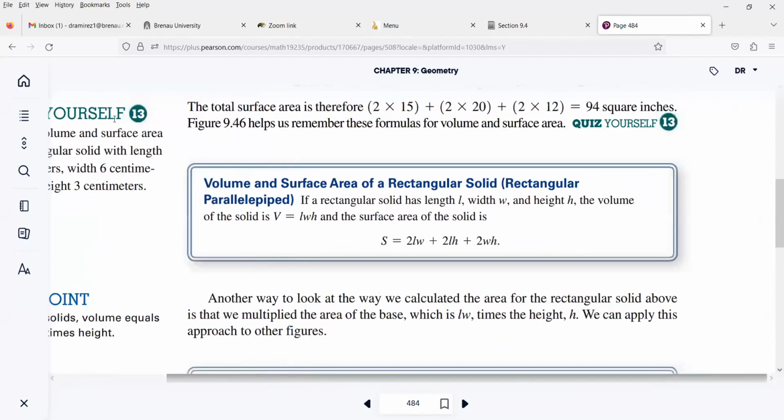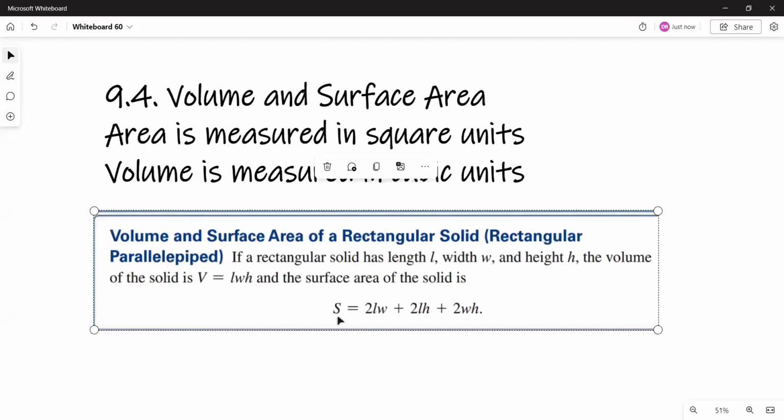I'm going to start with the volume and surface area of a rectangular solid, or sometimes it's called a rectangular parallelepiped. I'm not going to use that term. This is on page 484.